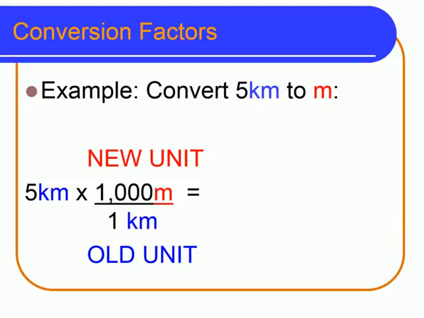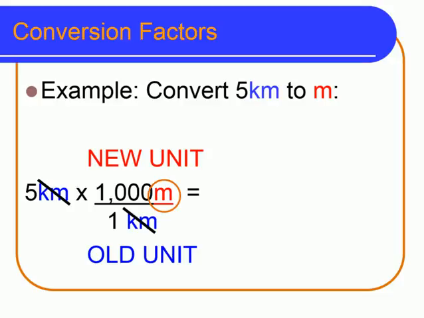Now, the reason that I will always be confident that my old unit needs to go on the bottom is that as I multiply these terms through, because I have the same unit on the numerator and the denominator, I get to cancel them. I no longer have to carry those throughout the calculation, and to boot, I get to keep the unit that is on the numerator. So now I have successfully gotten rid of the kilometer unit, and the only unit I'll have left is the meter unit.